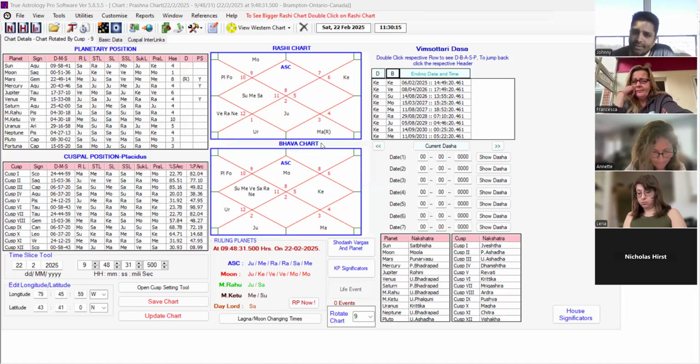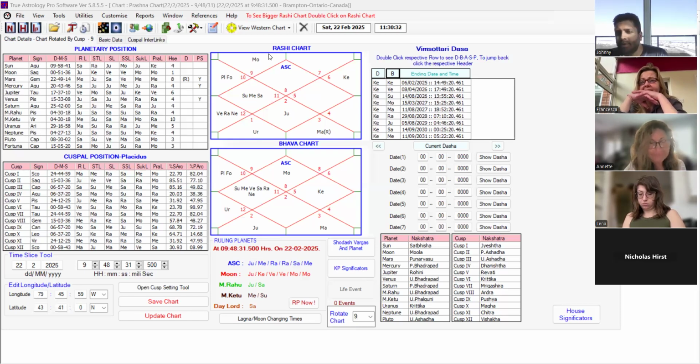This person, whoever was born, is extremely hot-headed, especially aspected by a retrograde Mars, extremely hard-headed. This person, however, may or may not show it because he's a Scorpio rising.